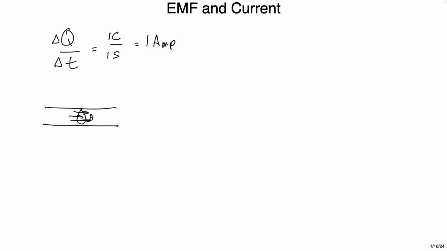This is a name that comes out of history. Before they understood that charge even existed, like electrons and protons and all that kind of stuff, they were playing around with voltages and currents. And they needed a way to explain, this is before Coulomb's law, why it seemed like there was something flowing through a conductor.